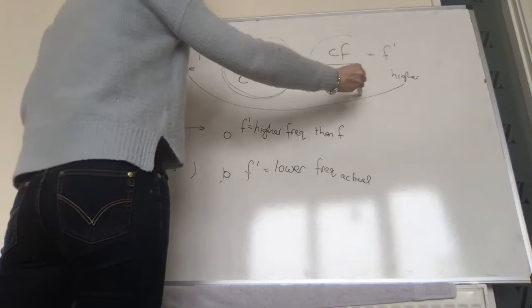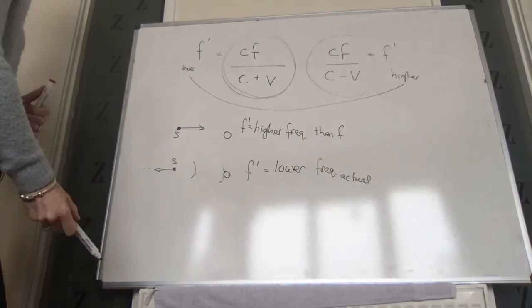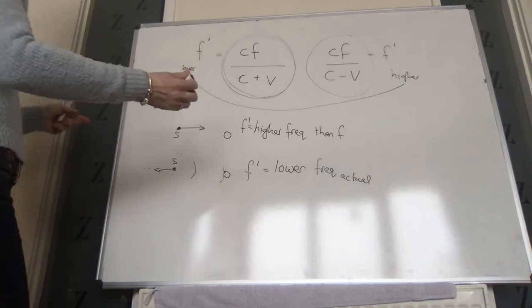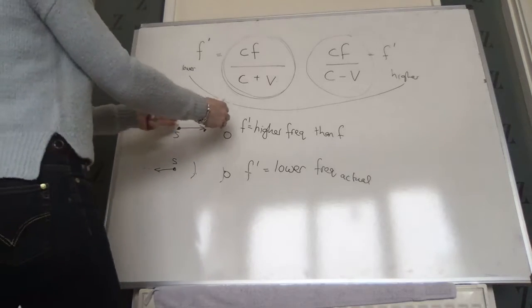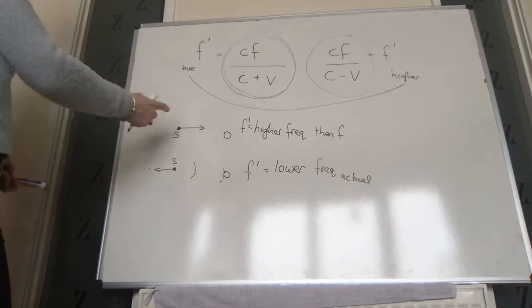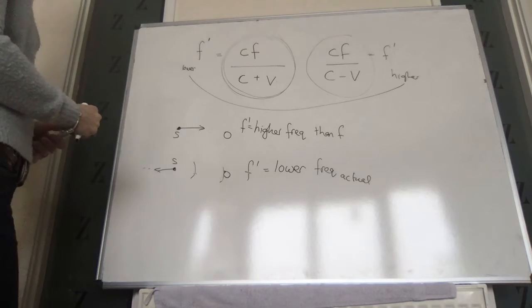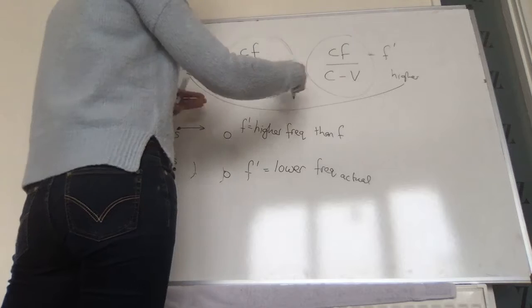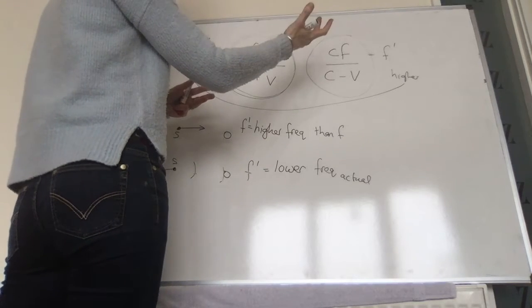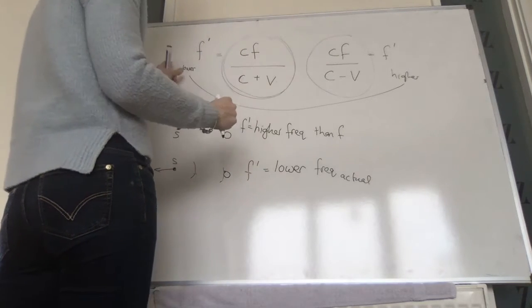This is the formula that you use when the source and the observer are effectively getting closer together. Okay, so the relative motion between them is towards each other. Again, why? When they're moving towards each other, you know you get a higher frequency. When they're moving away, you get a lower.